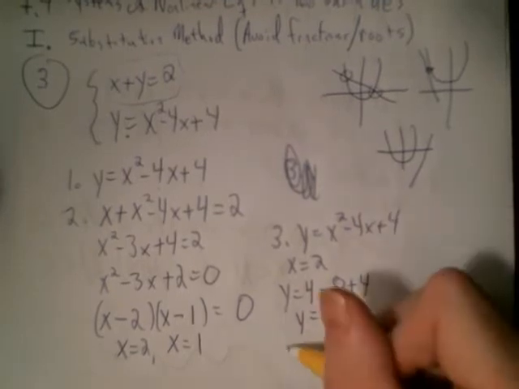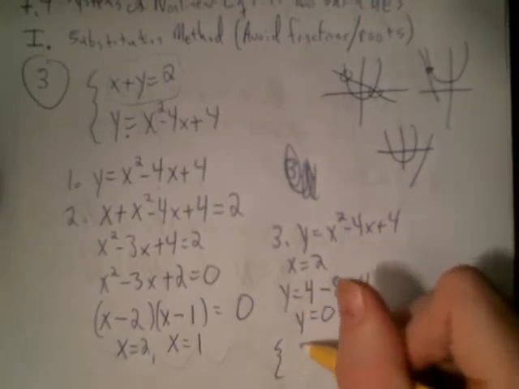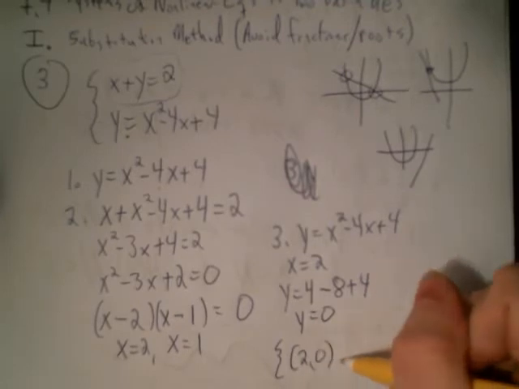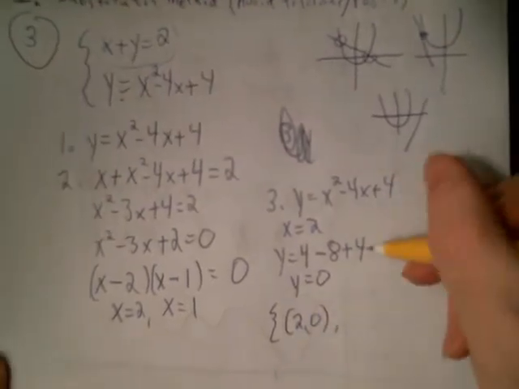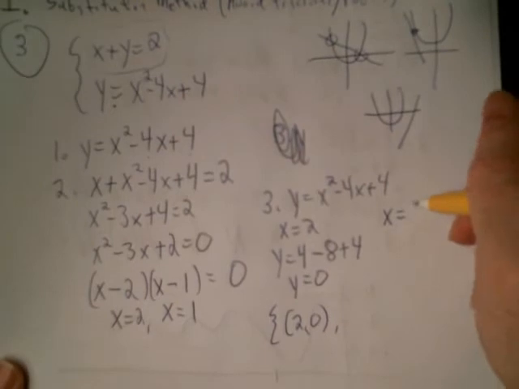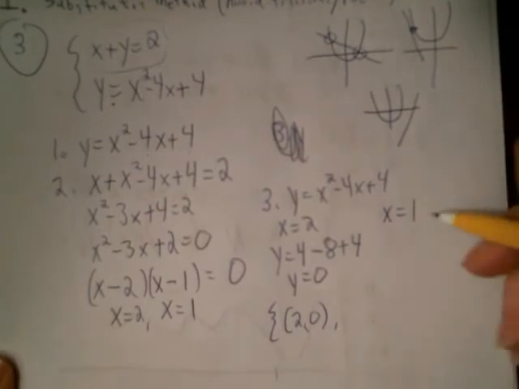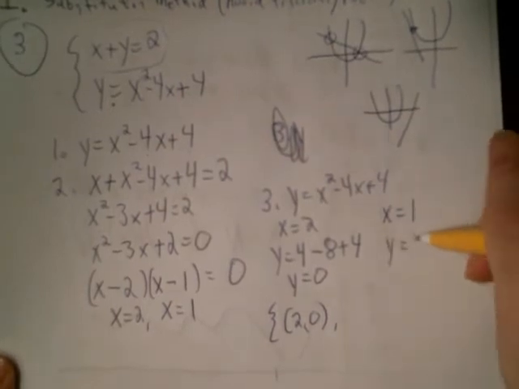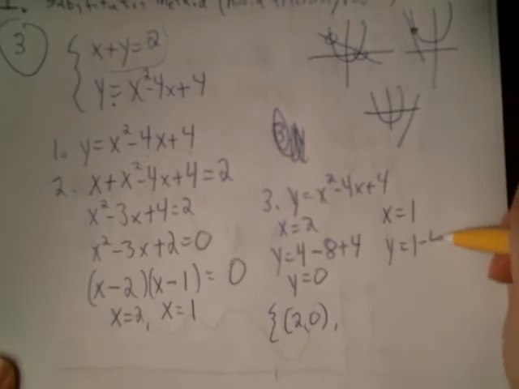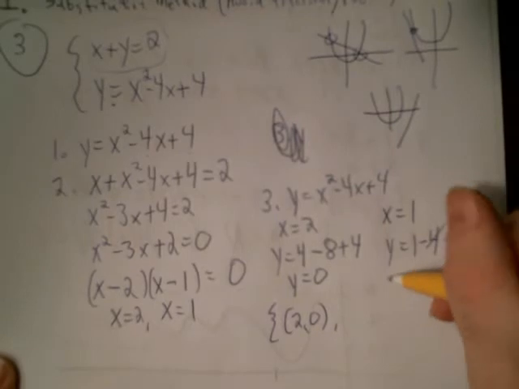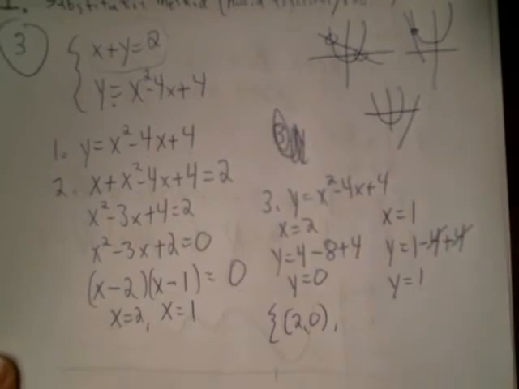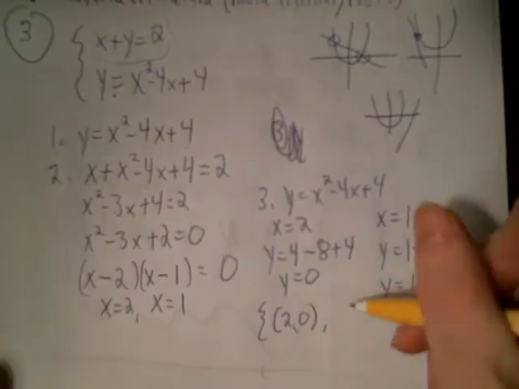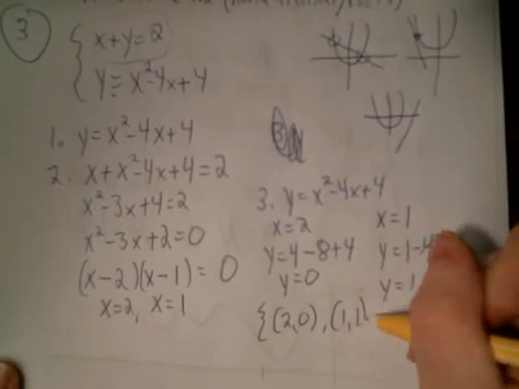So we get our first solution, (2, 0). And then substitute in x equals 1. So you'll get y equals 1 squared is 1, minus 4 times 1 is 4, and then plus 4. The 4's cancel, and you get y is 1. So the other ordered pair is (1, 1).